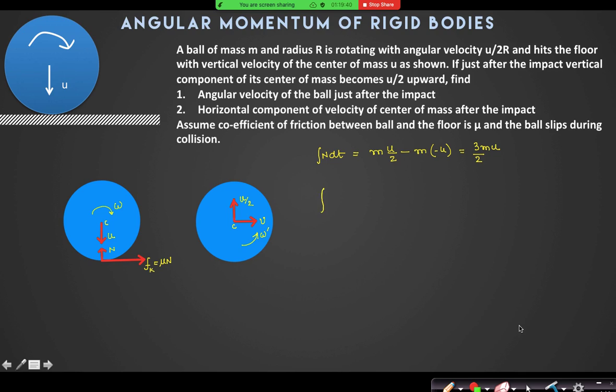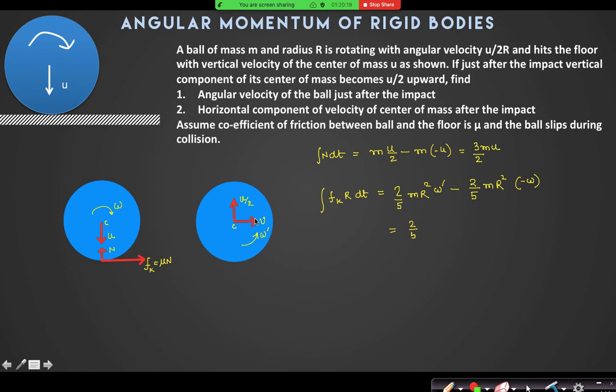So integral of fk into r, that is integral of tau dt about the center of mass, is equal to final I_C omega, which is 2 by 5 mr square omega prime, minus initial I_C omega, which is 2 by 5 mr square into minus omega.